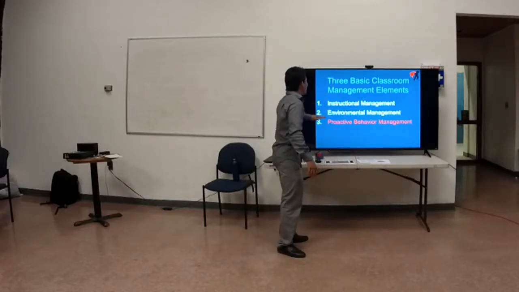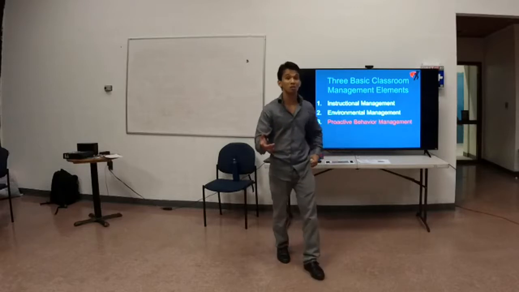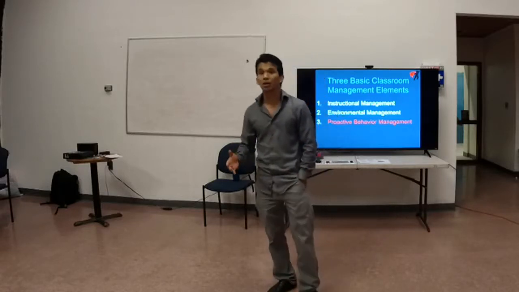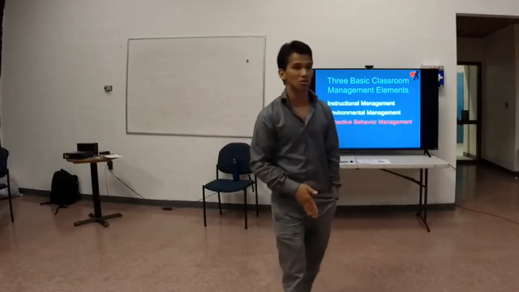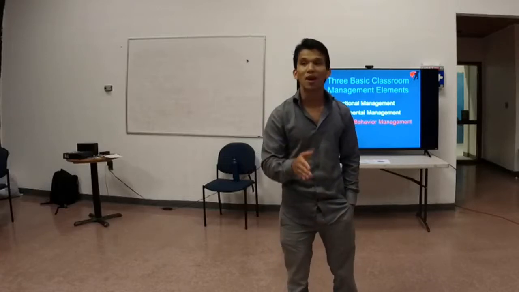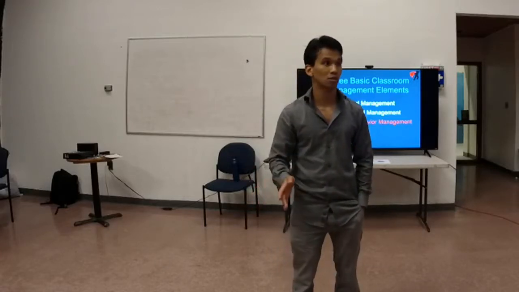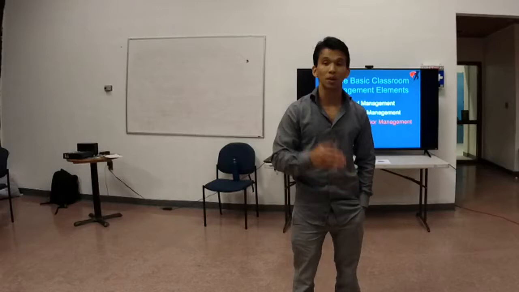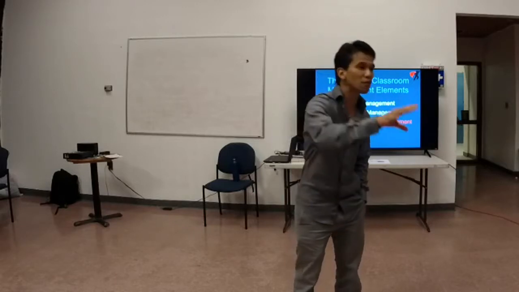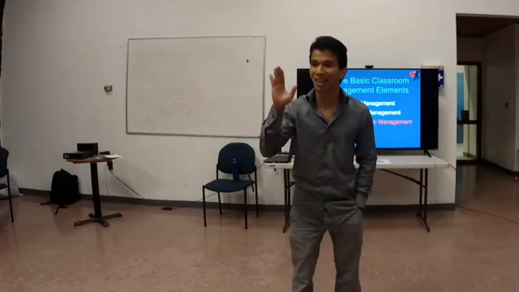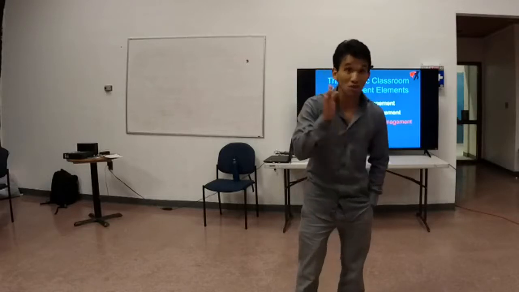The second one, environmental management. How your classroom is arranged is very, very key to classroom management. I can't give you specifics, because that would be specific techniques, but I am giving you a strategy.